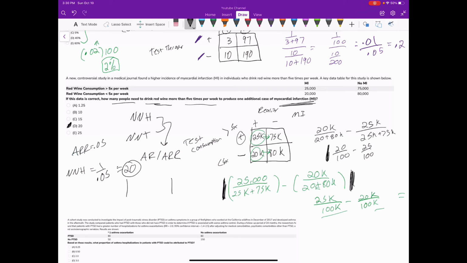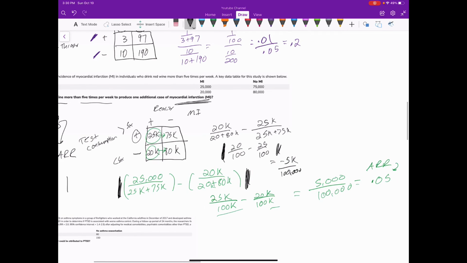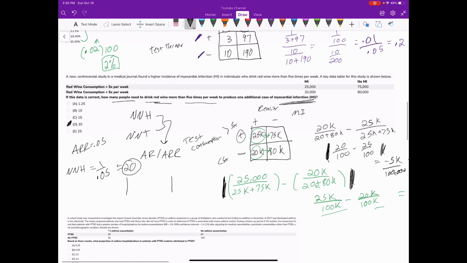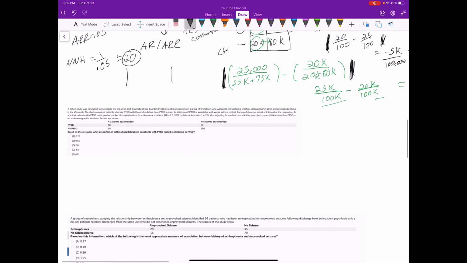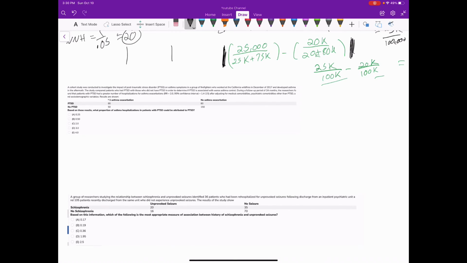But keep in mind the absolute value. And I would get negative 5,000 over 100,000. And this would give me what? Well, this would give me negative 0.05. But if we're in the absolute value bracket, we just know it's 0.05 and it's going to work. Don't get too stressed out. It's not too bad. Just break it down slowly.